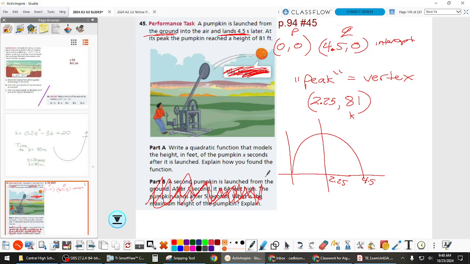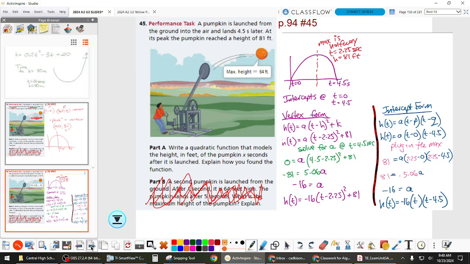Yeah, intercept form and vertex form. Good, guys. You can either set this up with vertex form or intercept form, because we know the intercepts and a point, which happens to be the vertex. So we know the vertex and 2 points, or the intercepts and another point.